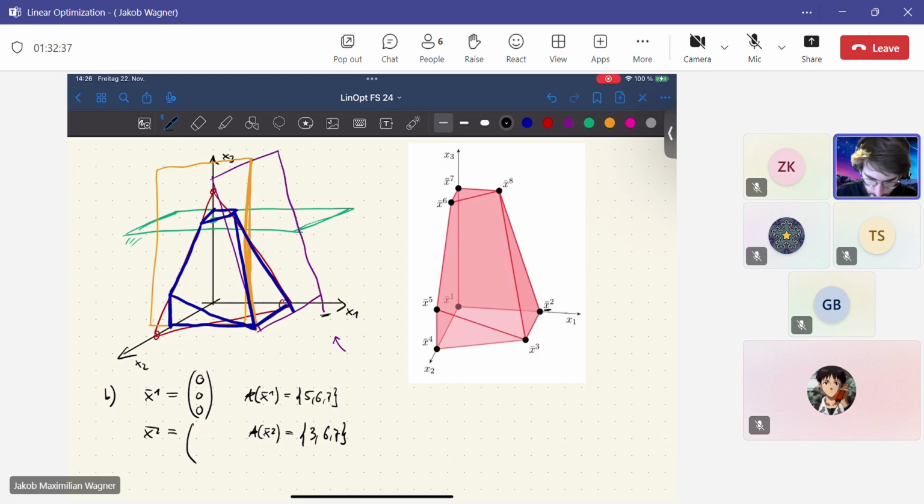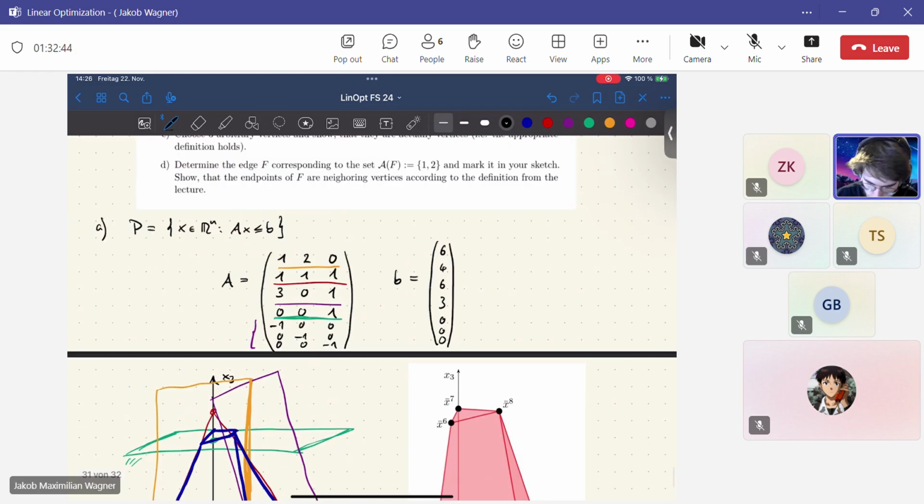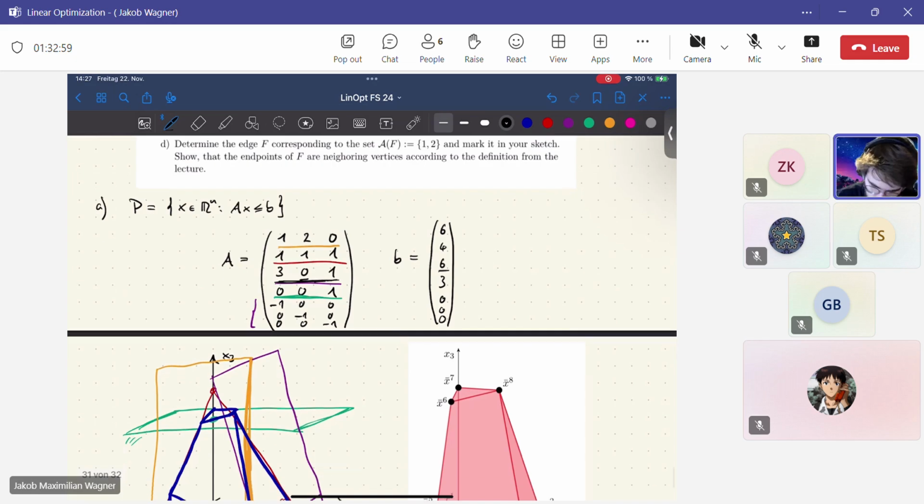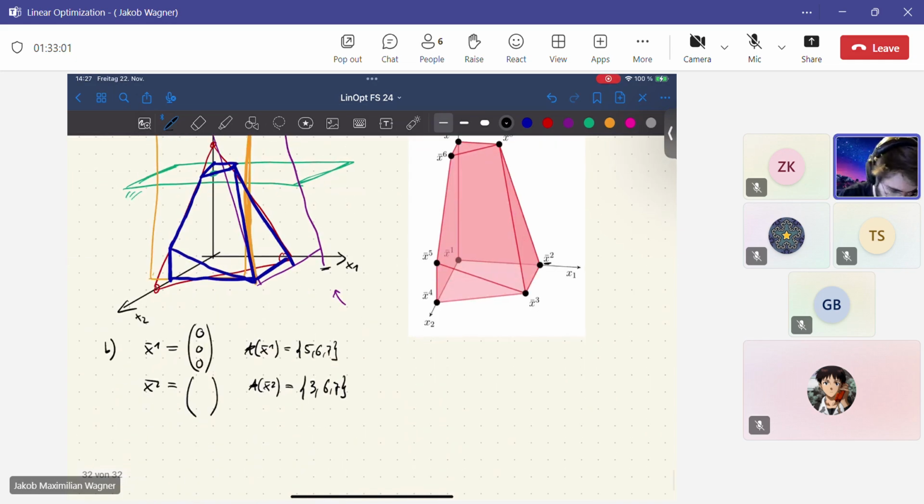To check the x1 value of this vertex, we check at which point this condition becomes active. So we have 3 times the x1 coordinate plus 0 times 0 plus 1 times 0 is equal to 6. And from this we know that x2 has 2 as the first coordinate and then 0, 0.